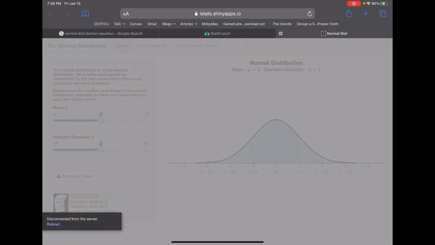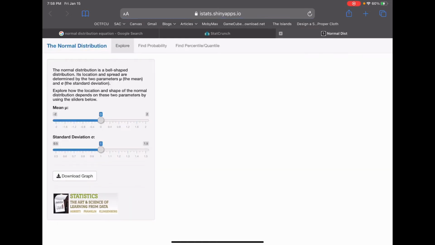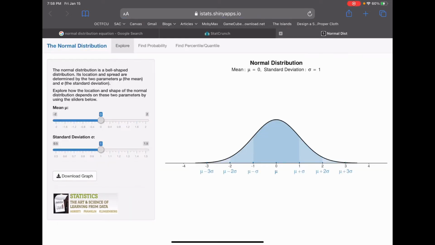So if you've seen this before, you know that one way to define a normal distribution is by the mean and the standard deviation, and that all of the data is within a certain number of standard deviations from the mean. So you see 1 standard deviation, 2 standard deviations, 3 standard deviations.